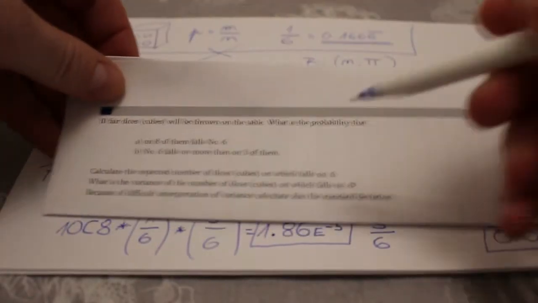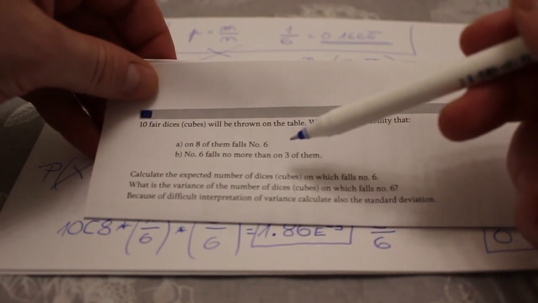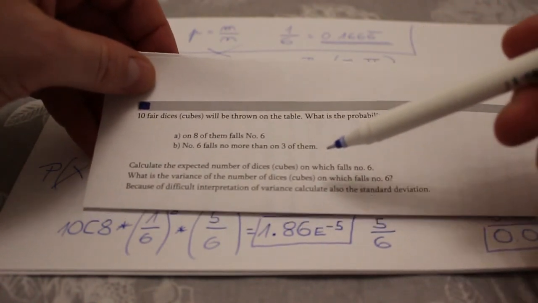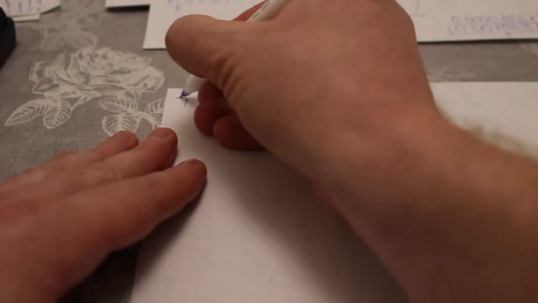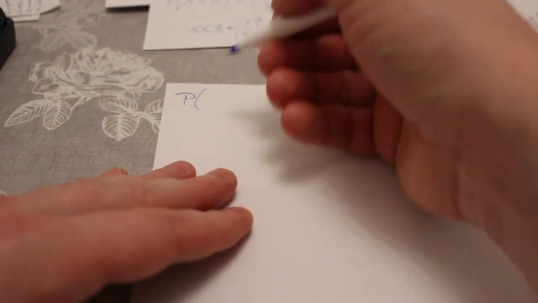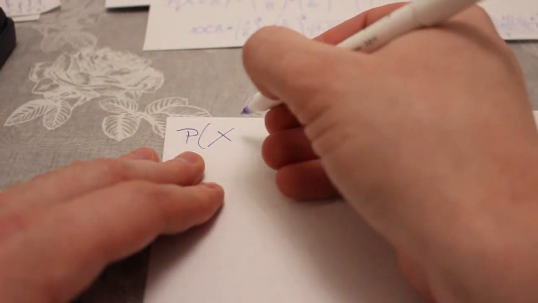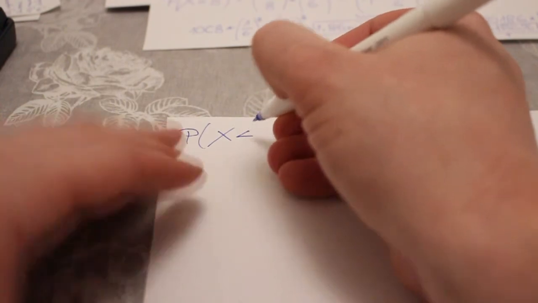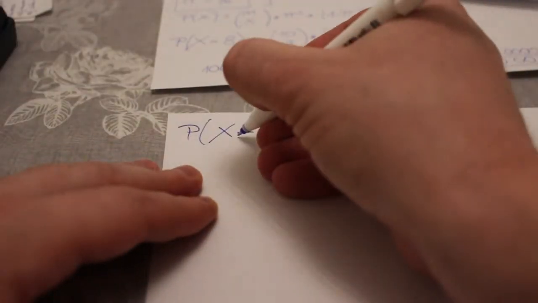Okay, we can continue. The number 6 falls no more than on 3 of them, yes? So I will use another paper and we will calculate the probability that the random variable x will be no more than 3, so smaller or equal to 3.